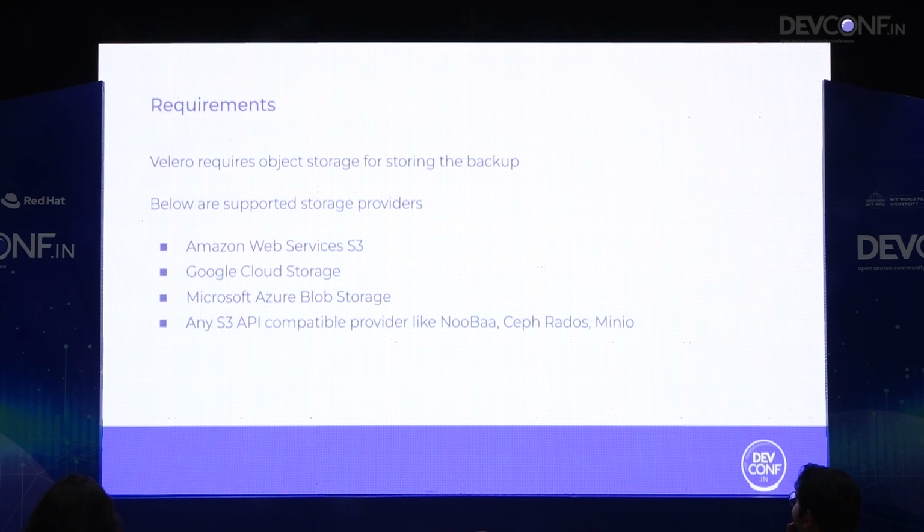Any S3 API compatible provider like Noobaa, Ceph RADOS, and MinIO is supported. In addition to that, it also supports community versions like Alibaba and DigitalOcean. You can find more details in the Velero docs. Based on your requirement and use case, you have to select which storage provider you want your data to be stored in. So that's a little bit about requirements.